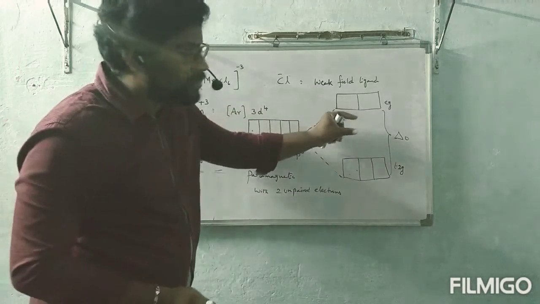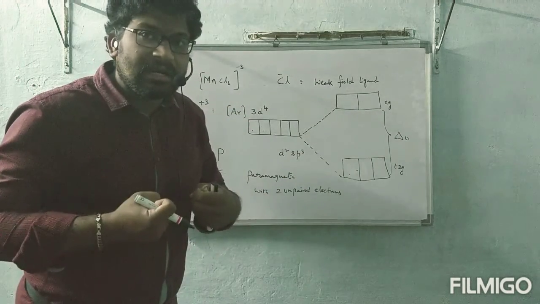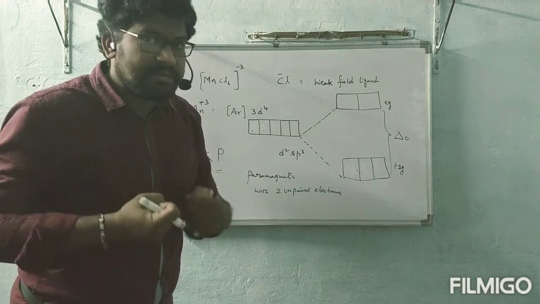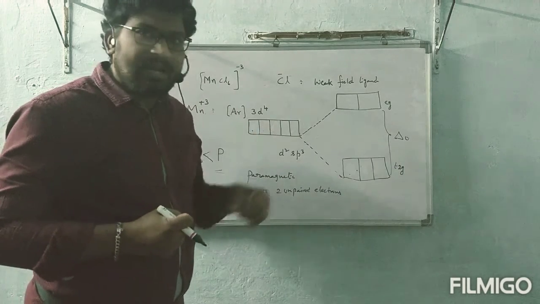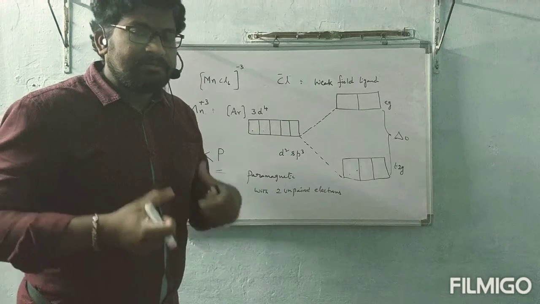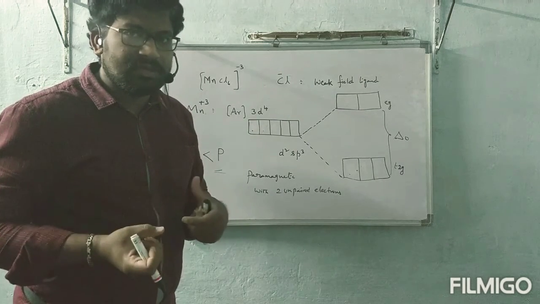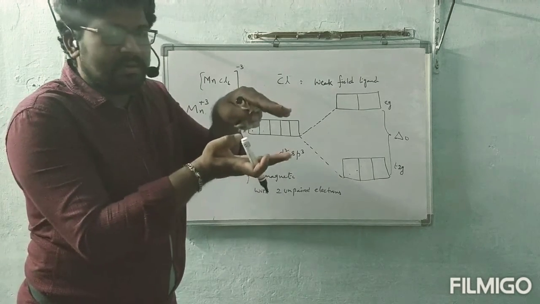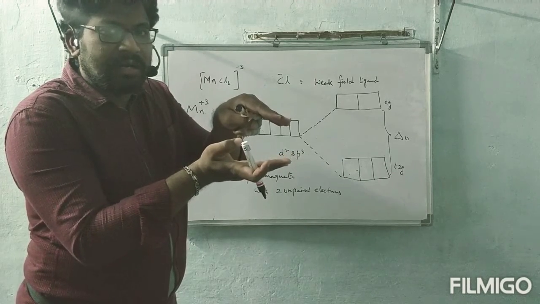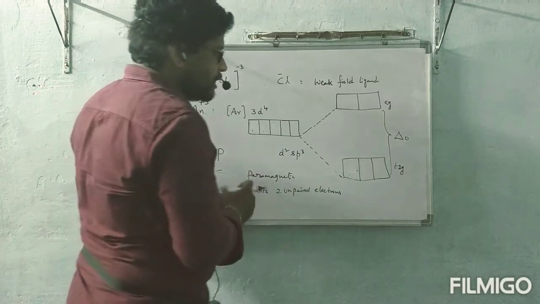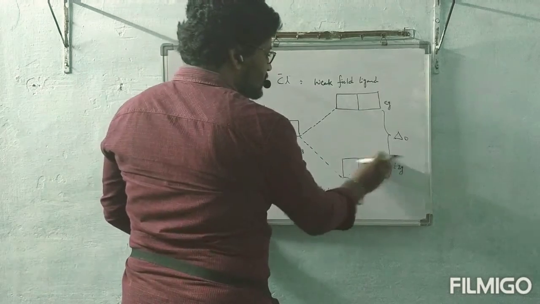This splitting is very small because a weak field ligand cannot apply that much repulsion force. Because of that, the splitting is small, delta naught is small, and this difference is low.